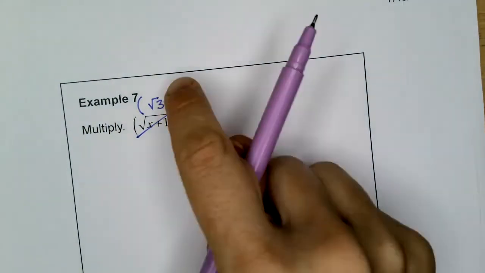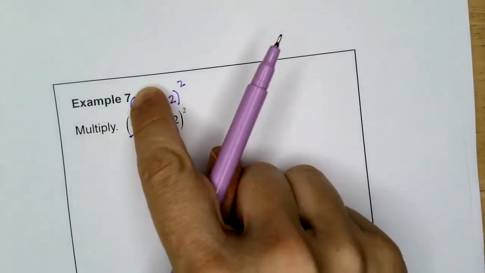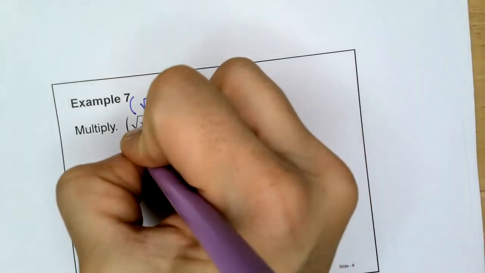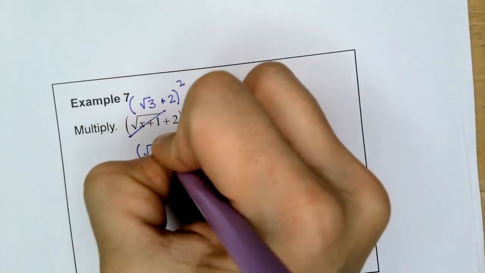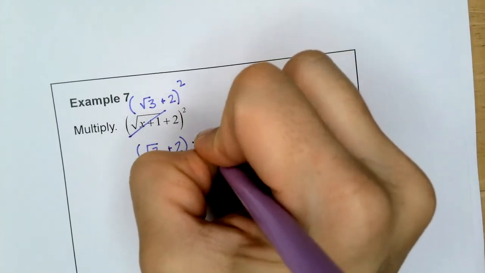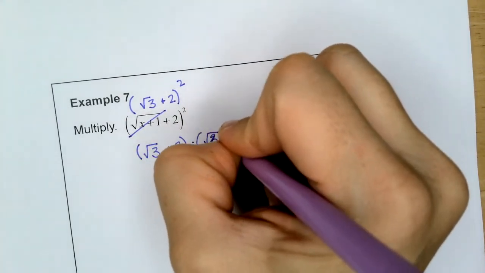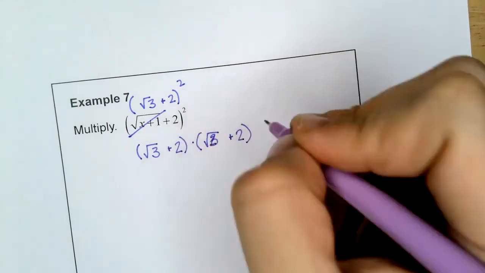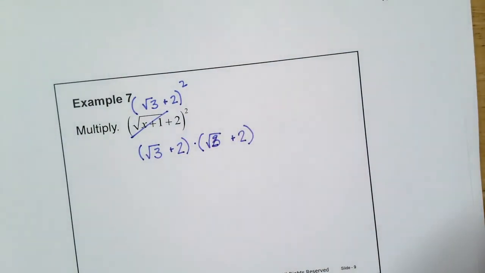Okay. So that quantity, both of those numbers squared, means I write it twice. So it's (√3 + 2) times itself. I write it twice. I can't say the word twice and write the number 3 at the same time. I need to speak and then write.